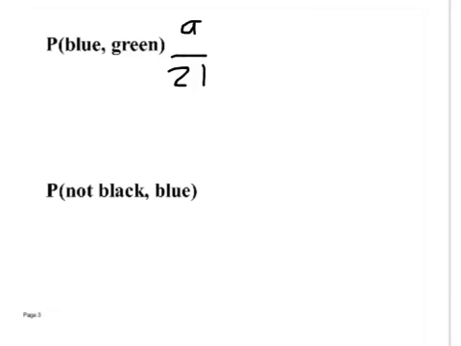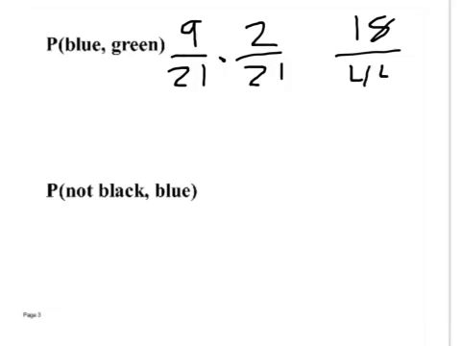We're going to multiply that by how many green are in the bag. How many green? 2. So 2 out of 21. So I have 18 over 441. We divide that, change it to a percent, and you get 4.1%.